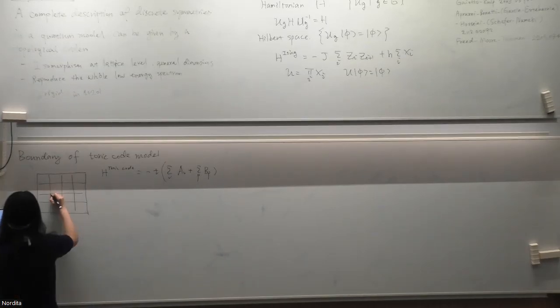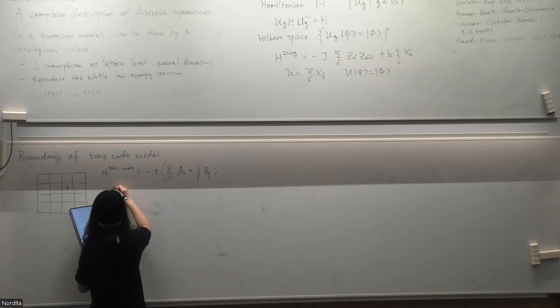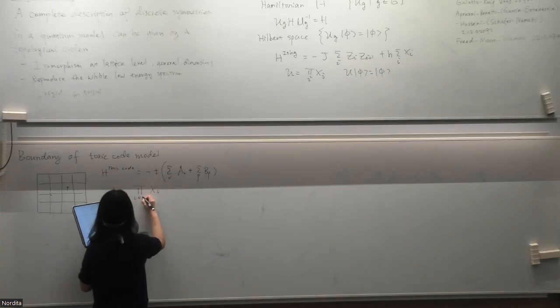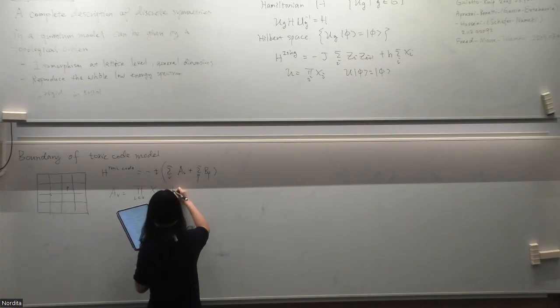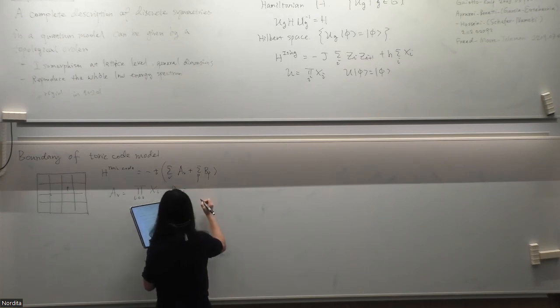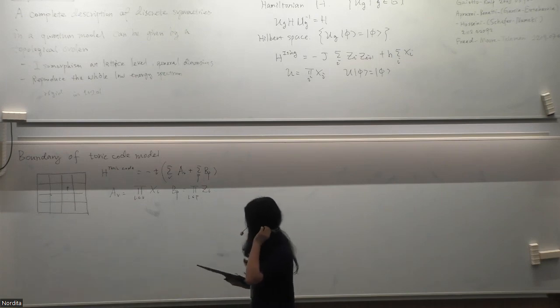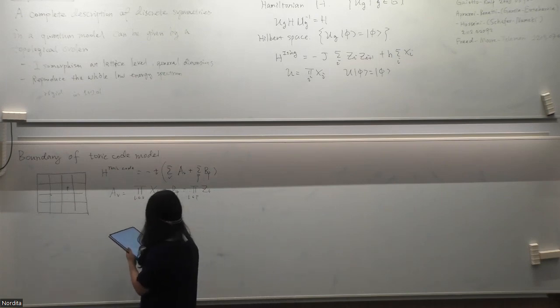So this is a vertex and this is a plaquette, and the vertex term is the product of all the Pauli X operators on the links neighboring the vertex, and the plaquette term is the product of all the Z operators on links neighboring a plaquette. And this is the toric code topological order.